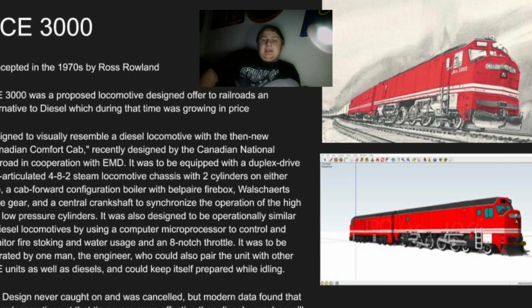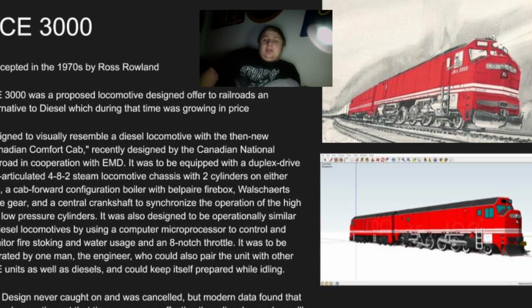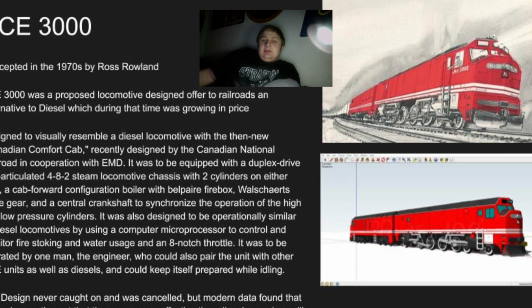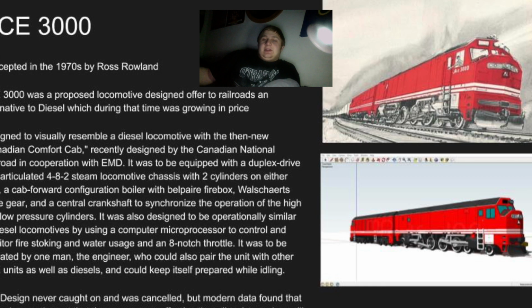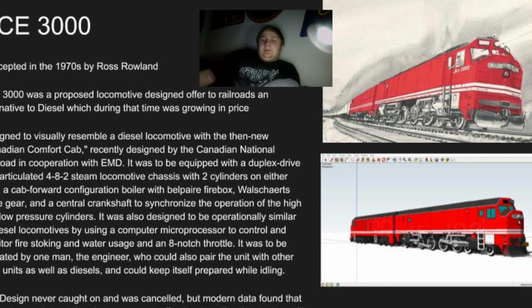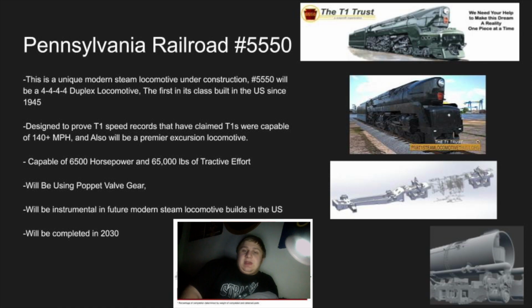Data found that the engine under load could create a better efficiency cost than diesels. But we never knew because ACE 3000 was not a good concept, because, well, it was not well received. So it never got made. Although there were a few models of it. Very cool nonetheless.